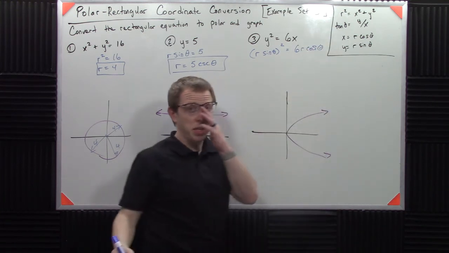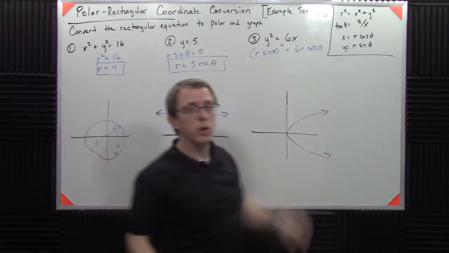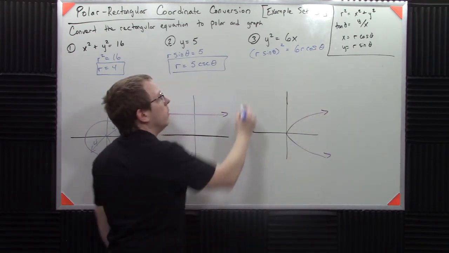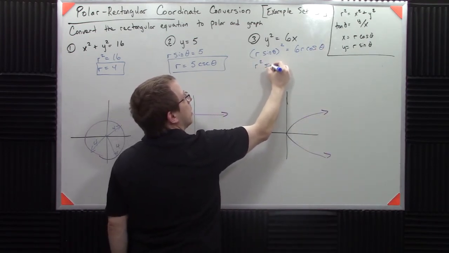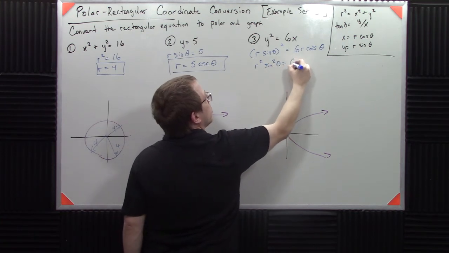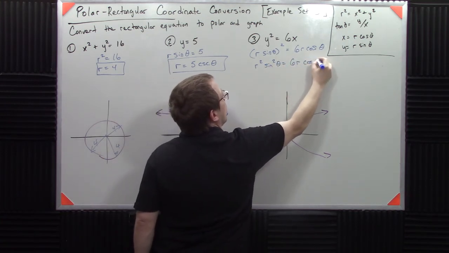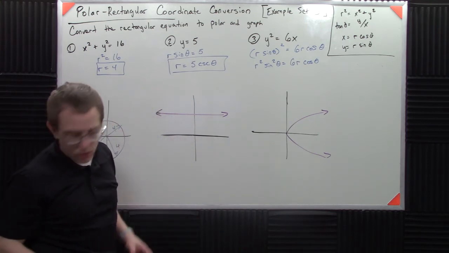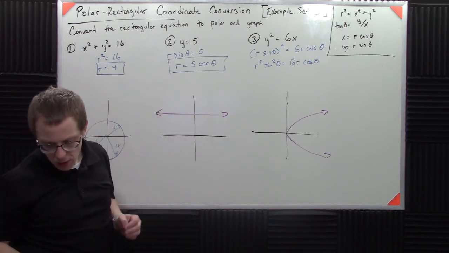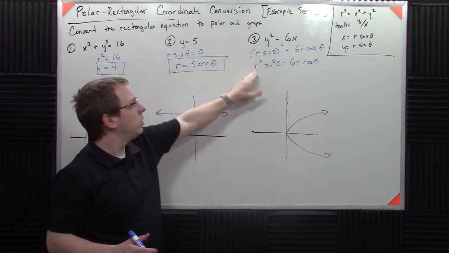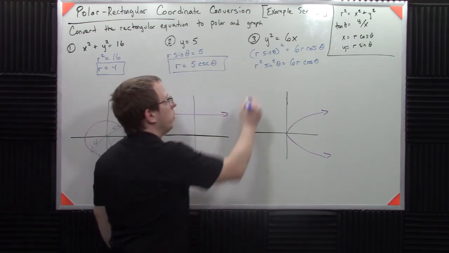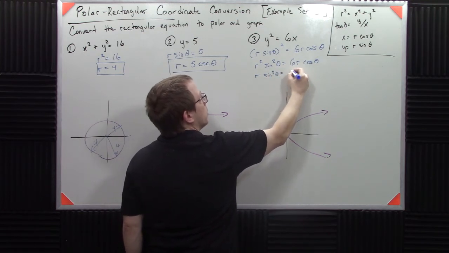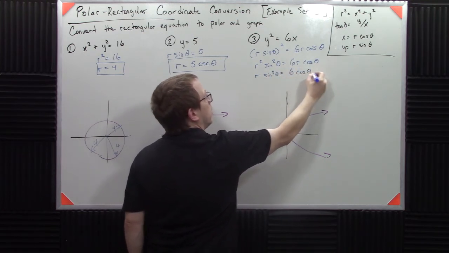Again, I'm just replacing x and y with those, which gets me r squared sine squared theta equals 6r cosine theta. So then what we would want to do is divide both sides by r. We would get r sine squared theta equals 6 cosine theta.